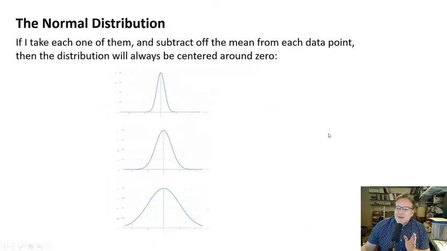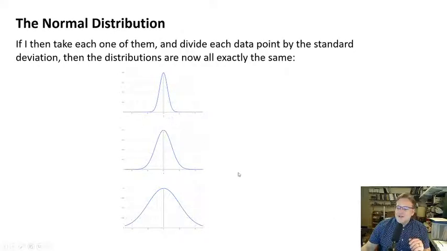Because now we're describing departures around the mean. Is this thing bigger than the mean? Is this thing smaller than the mean? Well, if you're finding the departure from the mean, what's going to be the average value? It's just going to be 0, something that's right on the mean. So you can see that's going to be the case for each one of these here. And so these distributions now show departures from the mean.